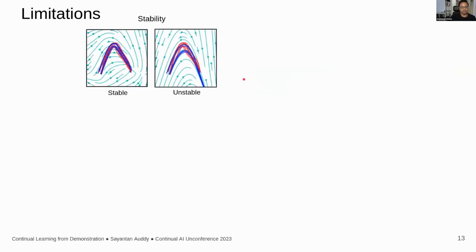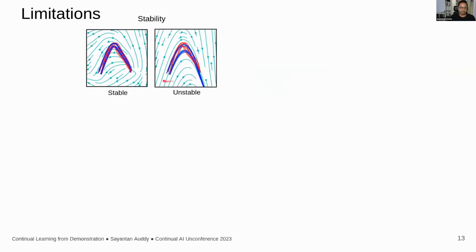The first limitation here is the concept of stability in the predicted trajectories and in the vector field. One common problem in this kind of learning from demonstration is that if the learning is not successful, there can be situations where the vector field diverges away from the goal. So the goal is here, if you can see my cursor.